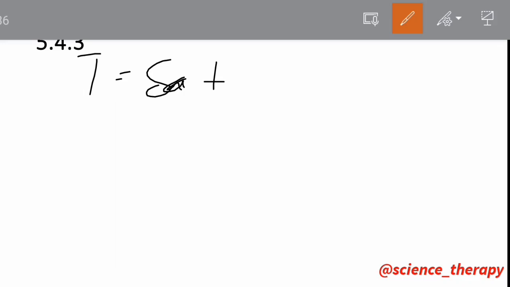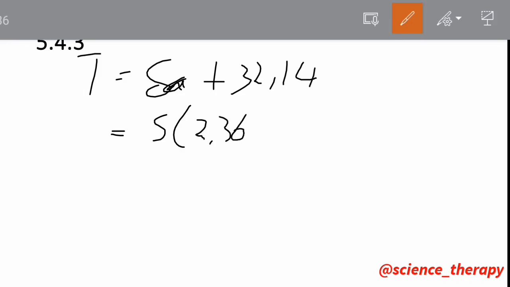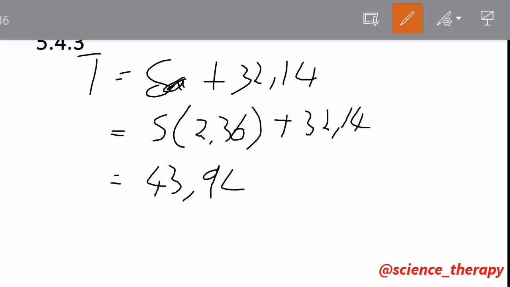plus 32.14. Then remember our acceleration is 2.36, and then we have that plus 32.14. If you punch all that in the calculator, you have 43.94 newtons.